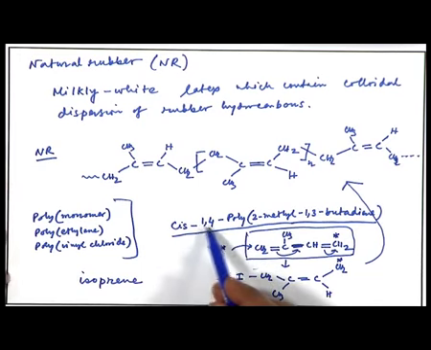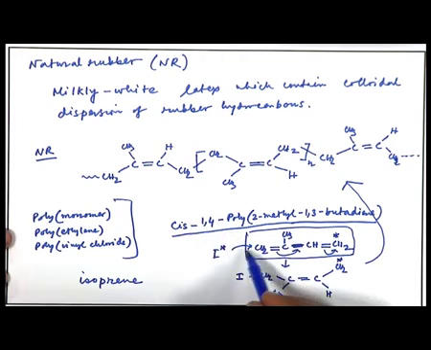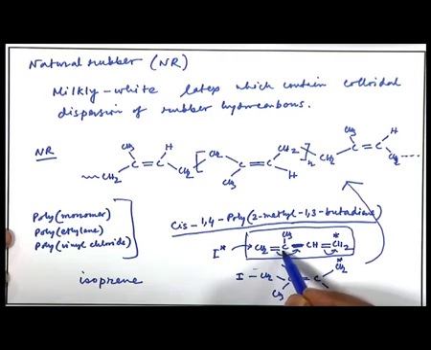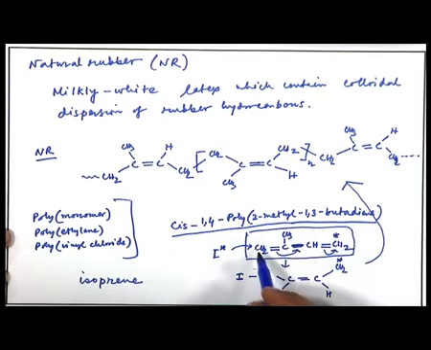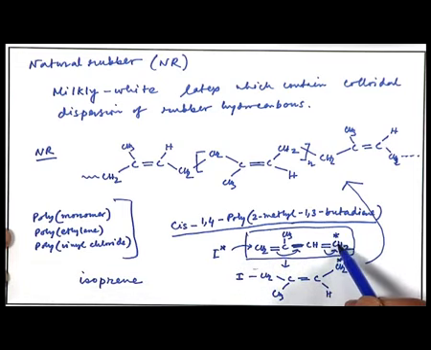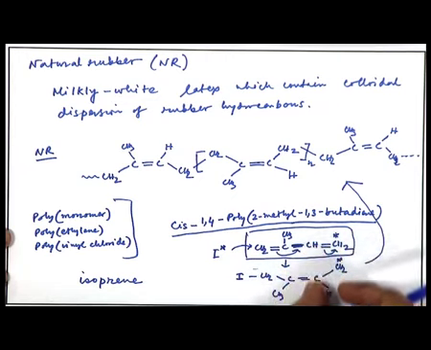I hope you understood why it is 1,4, because sometimes you can just add here, the active center will be here and you can make a polymer with this. That will be a 1,2 addition. You can have the polymer made only using this double bond.